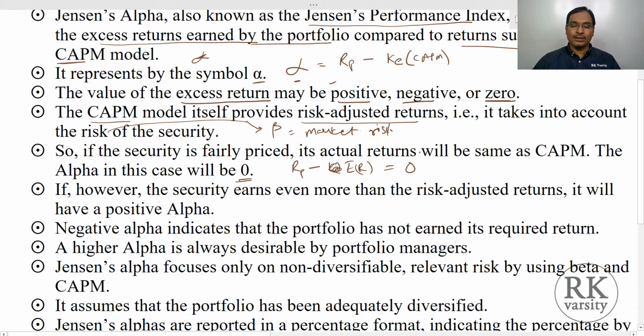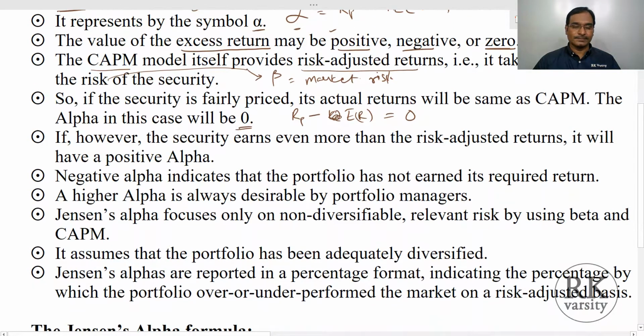So there is no excess return that you are making here. However, if the security earns even more than the risk adjusted returns, it will have a positive alpha. That means your realized return on a portfolio is greater than the expected return calculated using CAPM. Then the negative is when your return on a portfolio is less than the expected return calculated using the capital asset pricing model.